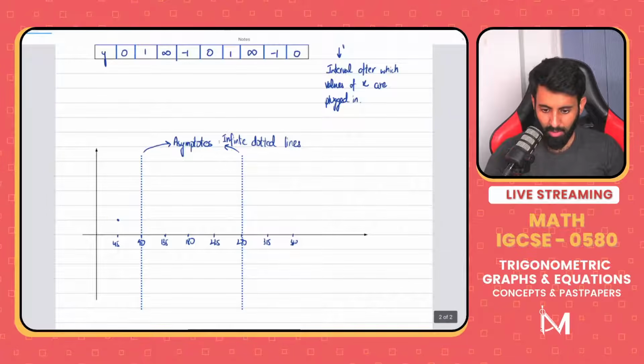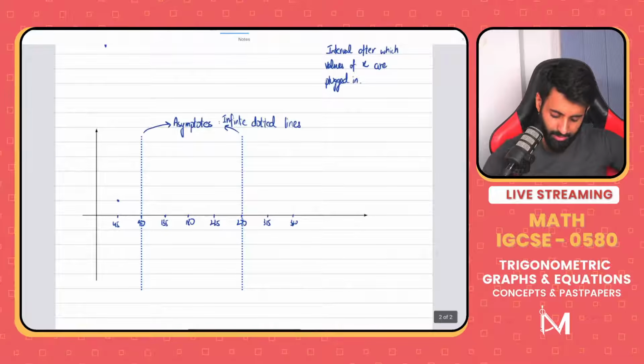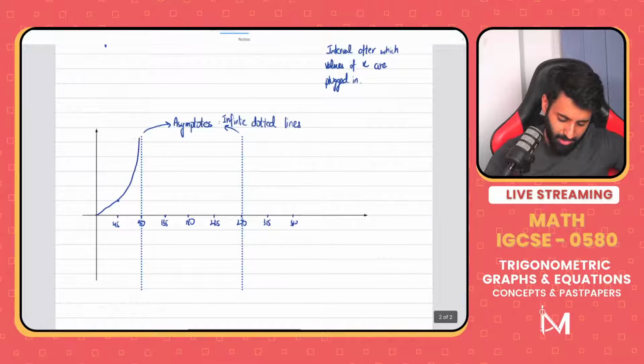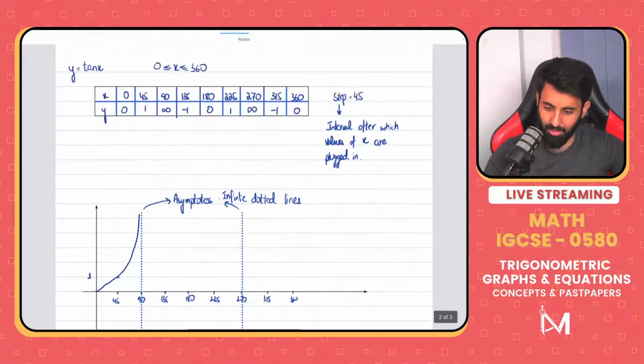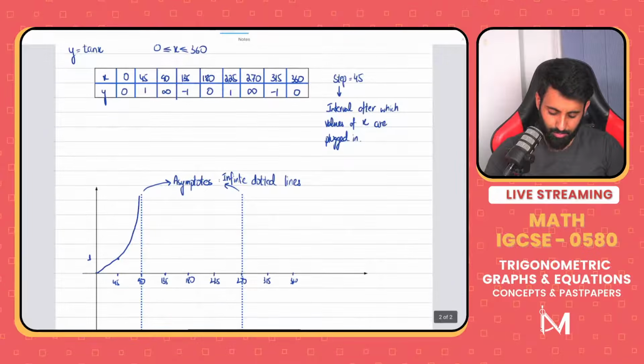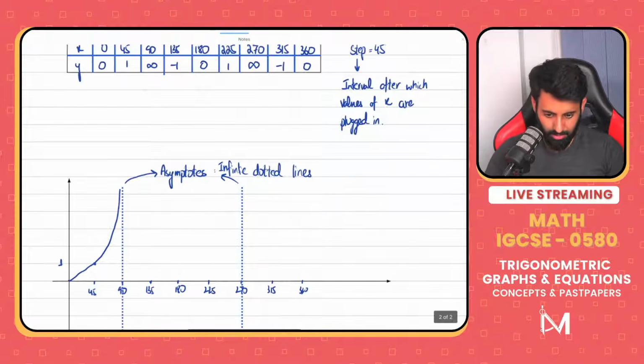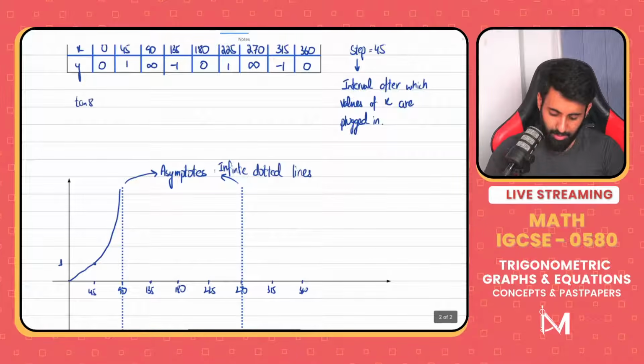What that means is that the graph gets closer and closer to 90, but it never really becomes equal to 90. The closer you get to 90, the larger the y value gets. For example, if you use your calculator and do tan 89, you get a significantly large value.